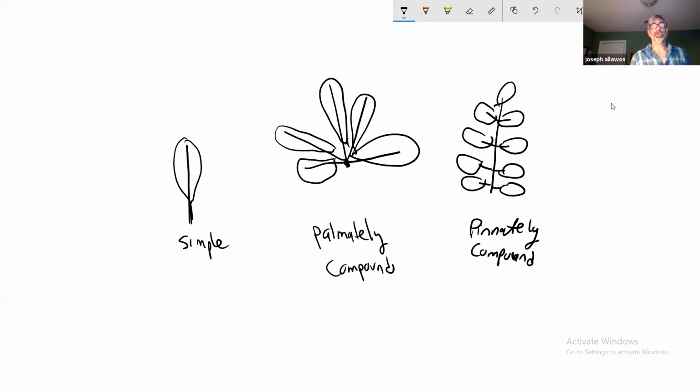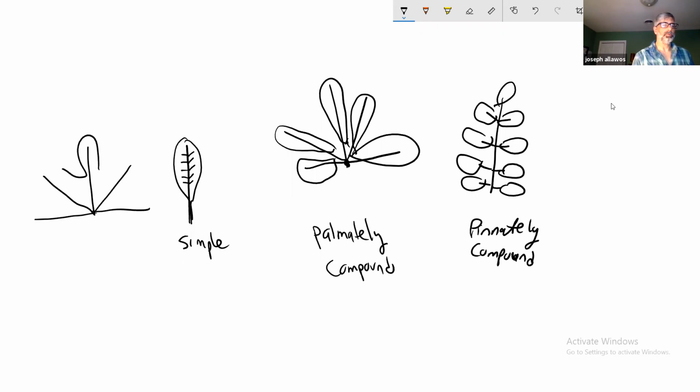Now the thing is, you can take a simple leaf and you can apply these same words like pinnate and palmate to the veins of the leaf. So here's a simple leaf, and if I draw the veins like this, we could say that this has pinnate veins. Compare that to a leaf that has palmate veins like this.